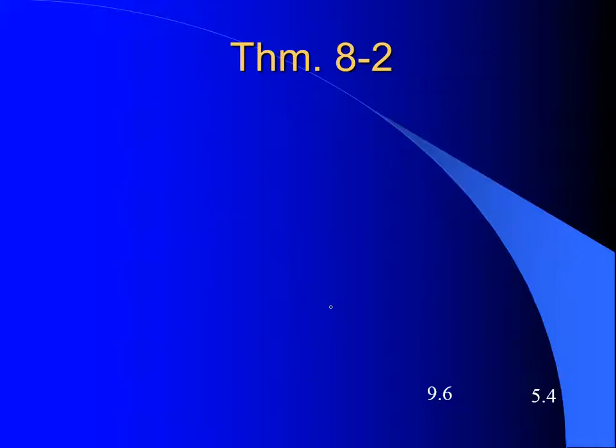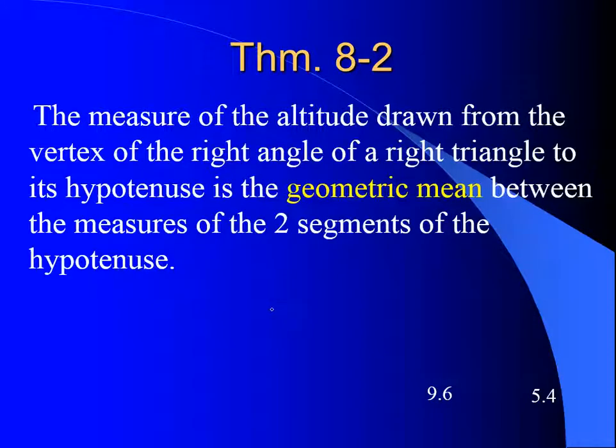Our second theorem says this. The measure of the altitude drawn from the vertex of the right angle of a right triangle to its hypotenuse, what we just did, is the geometric mean. Remember that geometric mean? And we had our x here and our x up here, which you can't see in my black.